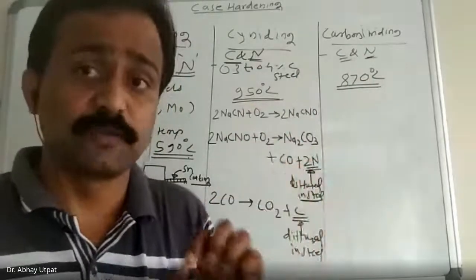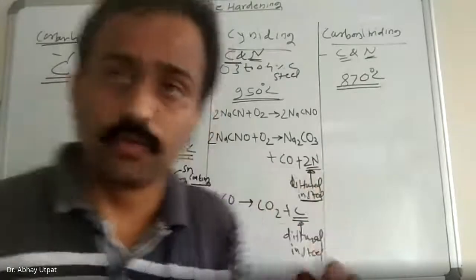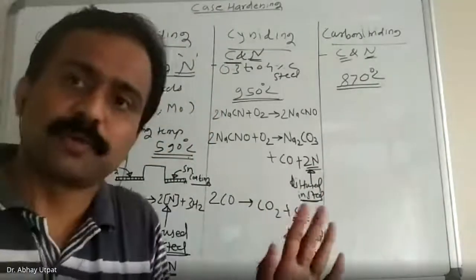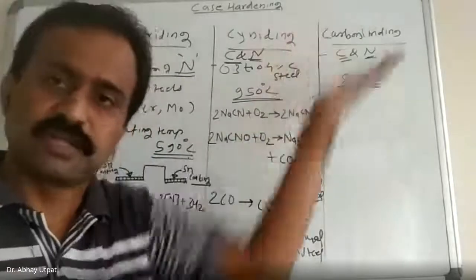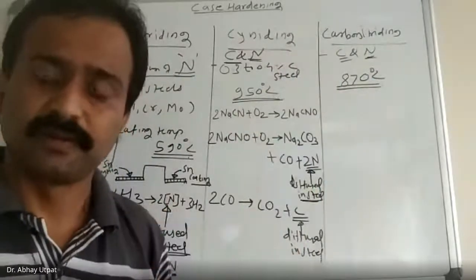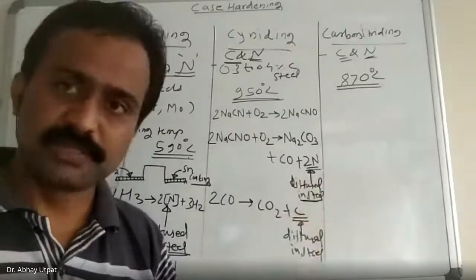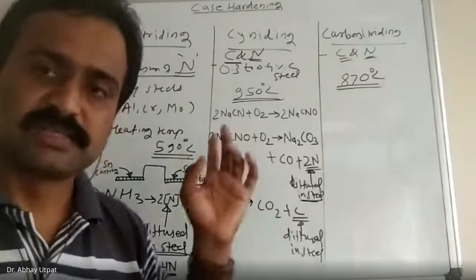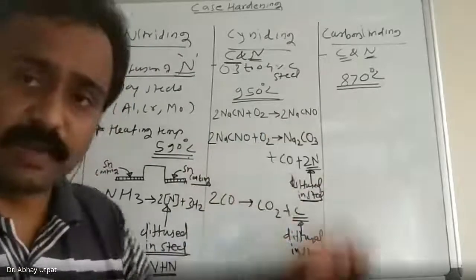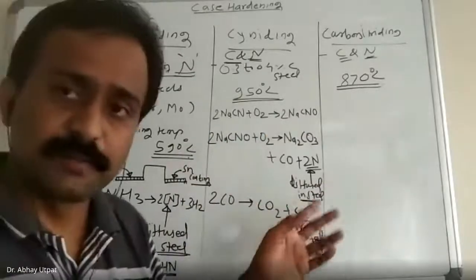So this is an interview question. In nitriding only, there is no formation of austenite and phase change. In other cases, there is formation of austenite and phase change. Remember, in pack carbonizing, liquid carbonizing, gas carbonizing, cyaniding, carbonitriding, everywhere the heating temperature is above 850.